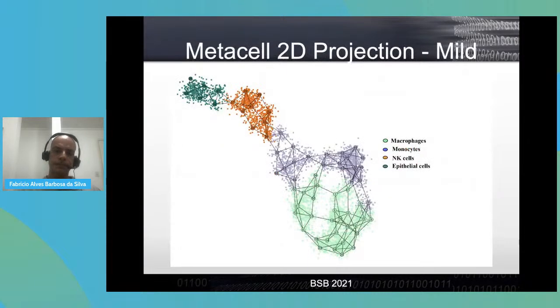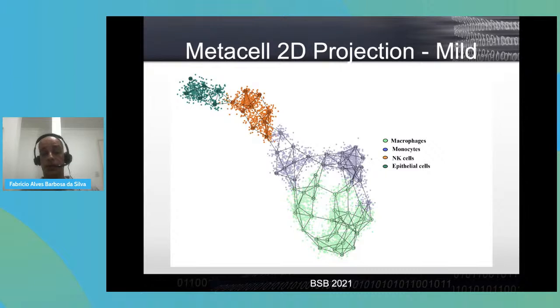So, for instance, here we have a two-dimensional projection of metacells for the patients with mild symptoms, the 3 patients with mild symptoms. So you have here about 66 metacells. The small colored dots are single cells.